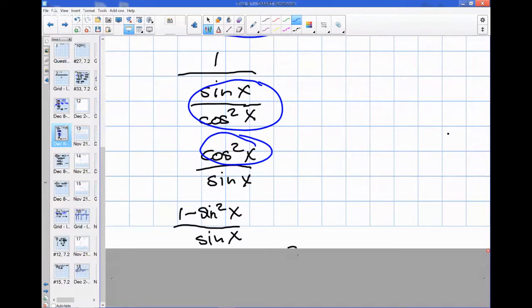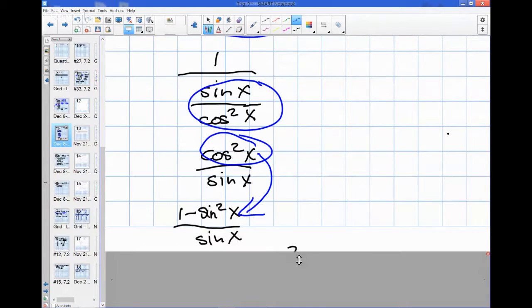You remember the Pythagorean identity, sine squared plus cosine squared equals 1? If you subtract sine squared from both sides, cosine squared is the same as 1 minus sine squared. So do you see I made that substitution right here? Believe it or not, that's helpful.